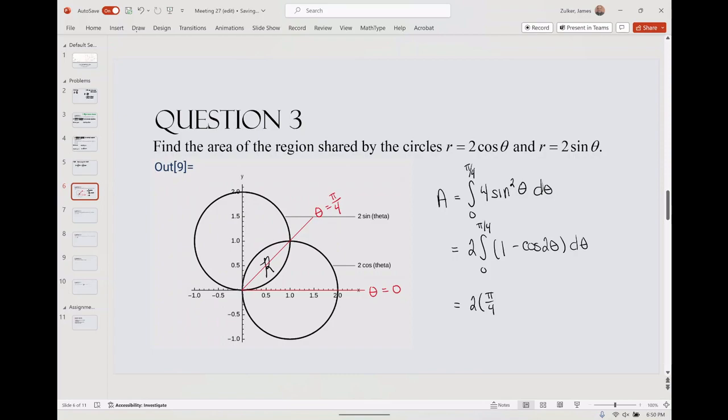Integral of 1 from 0 to pi over 4 is just pi over 4. You'll get minus 1/2 sine of 2 theta. Evaluate that from 0 to pi over 4.